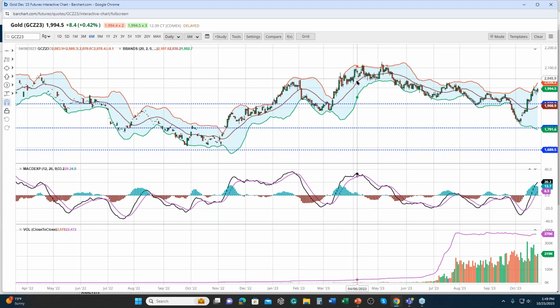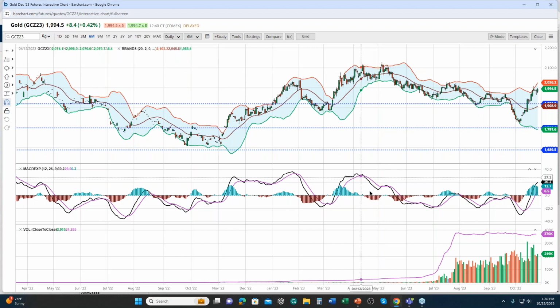Now, what happens is that the mean sometimes acts as a level of support, but in this case, we did get very close to the lower band. Again, notice what our bands are doing here. They're contracting, and price tends to bounce between outer bands in a sideways to contracting band market. But then what did we do? We went and tested the outer band again, and we made a new higher high.